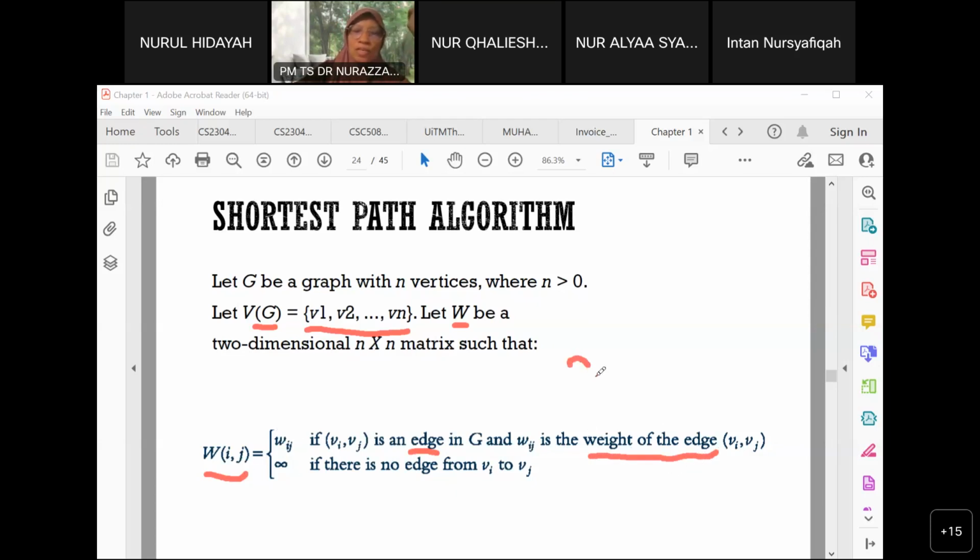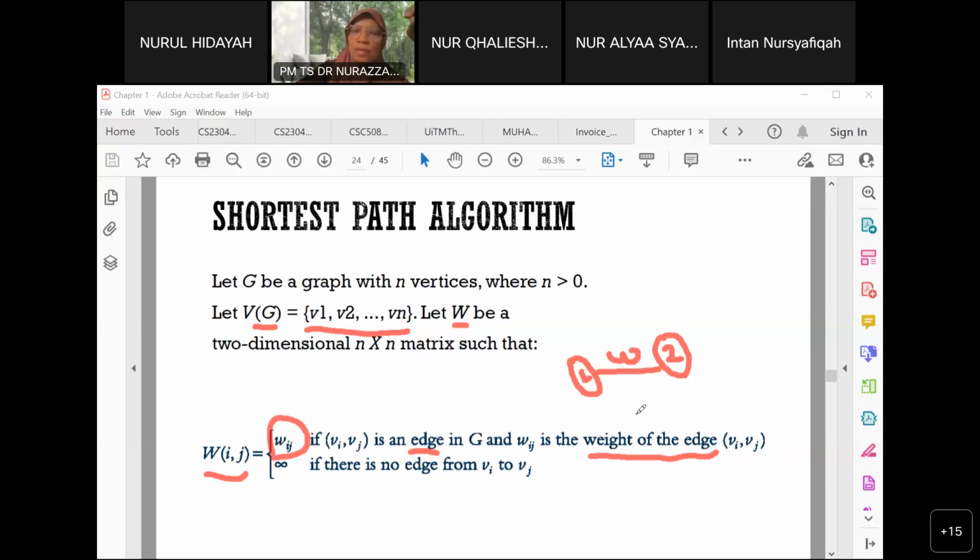Contohnya kalau dalam graf tu ada dua vertex yang menghubungkan vertex 1 dengan 2 ni, whatever weightage yang kita letakkan di situ, Wij ni is the weight of the edges.